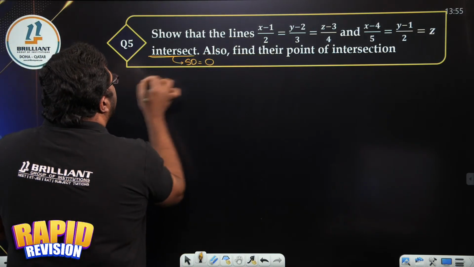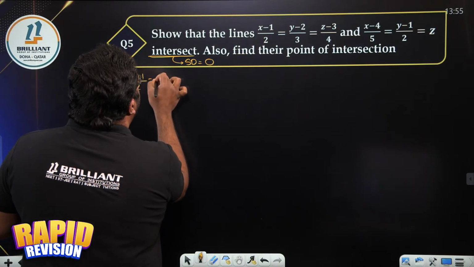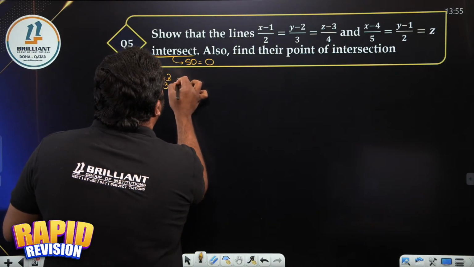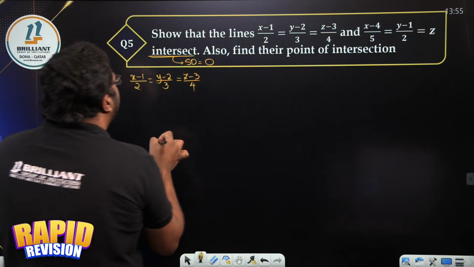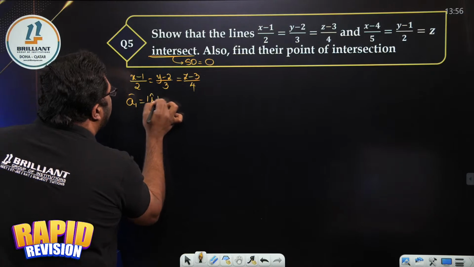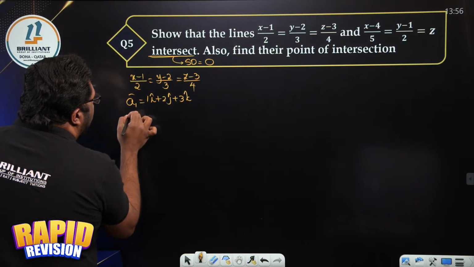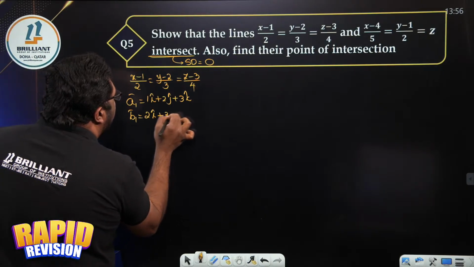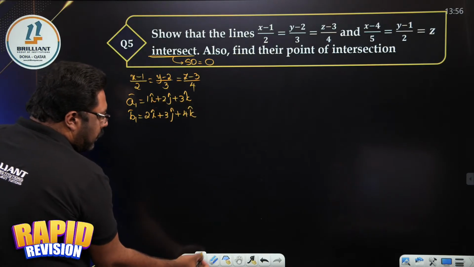So from this first equation, x minus 1 by 2 equal to y minus 2 by 3 equal to z minus 3 by 4. Okay, from this my a1 vector is 1i plus 2j plus 3k. My b1 vector is 2i plus 3j plus 4k.